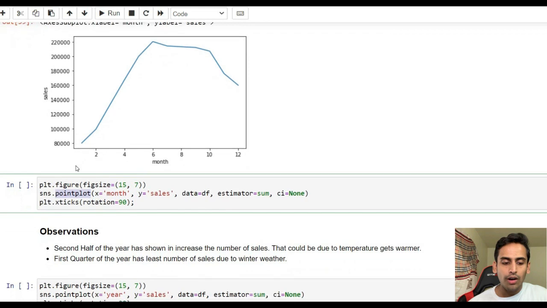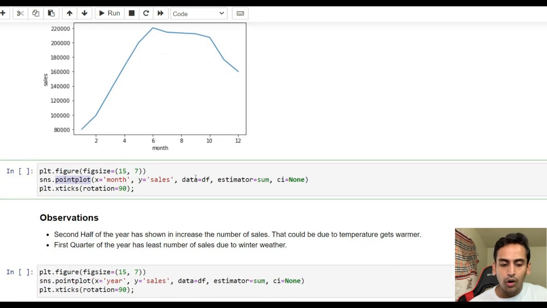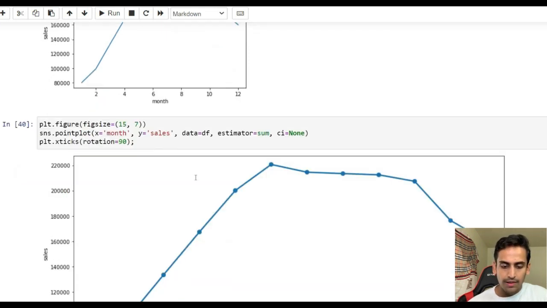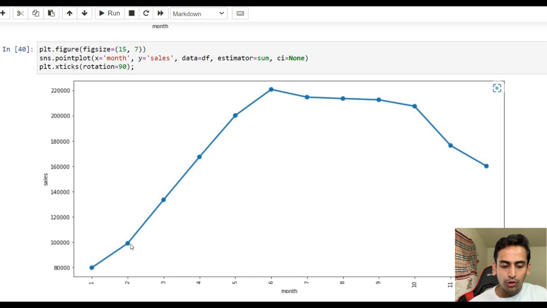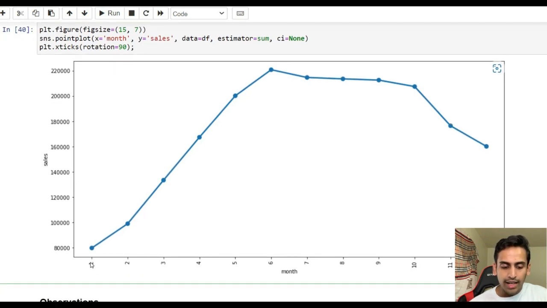Now this line plot can be shown through point plot as well. So in the point plot, we can see those points as well. Now this particular line, x rotation is equal to 90, rotates the labels of the axis by 90 degrees.